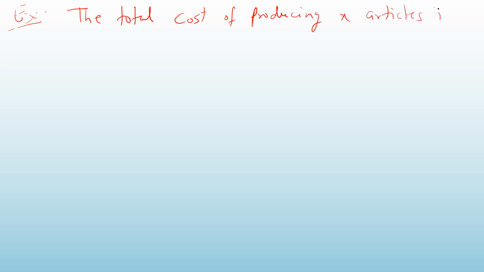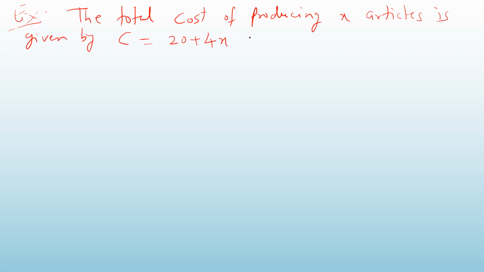The total cost function of a commodity, the total cost of producing x units, or x articles, is given by C equal to 20 plus 4x. Suppose this is the cost function.